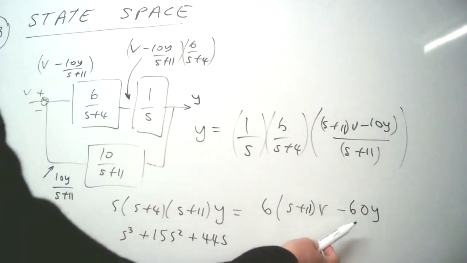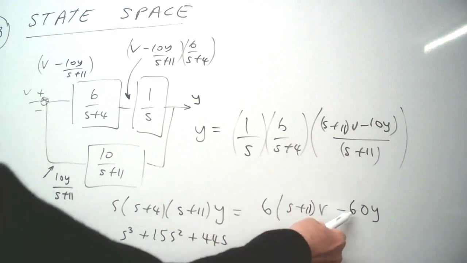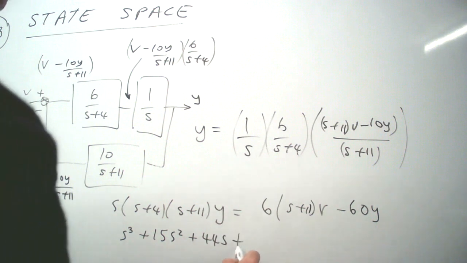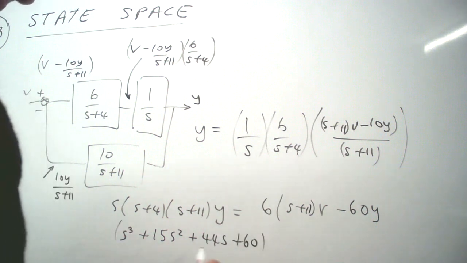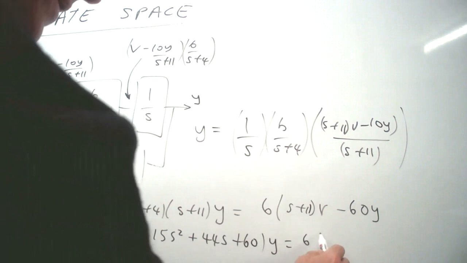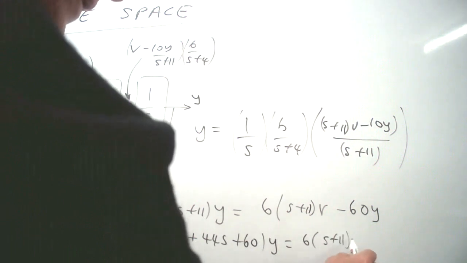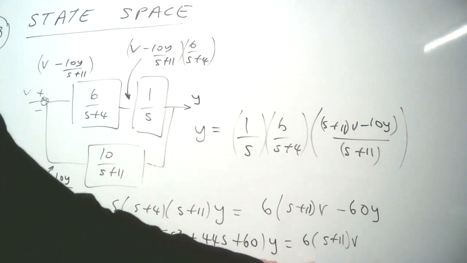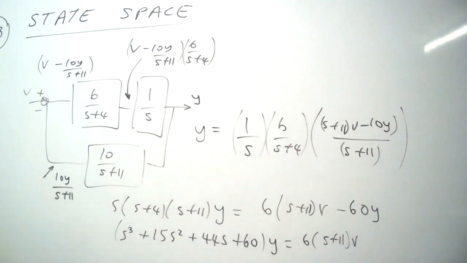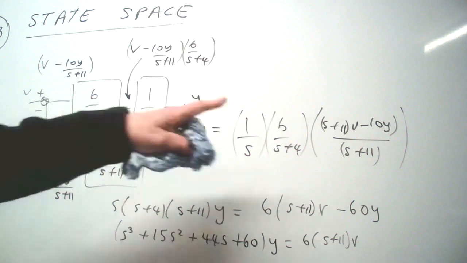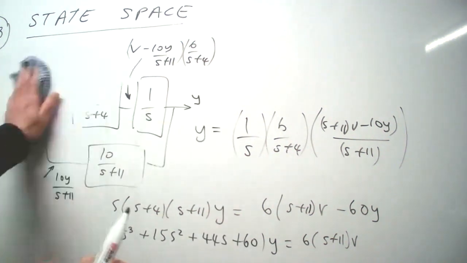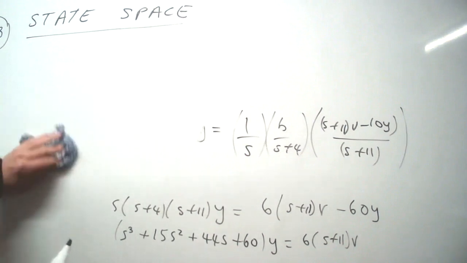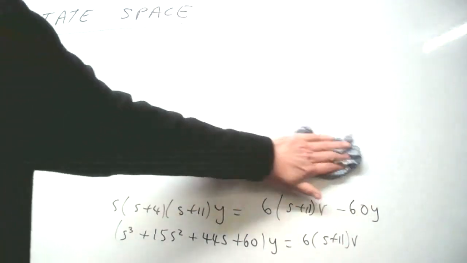So then we can add in this 60y. On this side it comes over, so when it jumps over this side, it changes from a minus 60 to a plus 60. So it becomes plus 60 times y equals 6 into s plus 11 times v. And then the last thing to do is move all this stuff underneath to get the answer. So I can afford to rub the top bit off now that you've spotted my deliberate mistake.